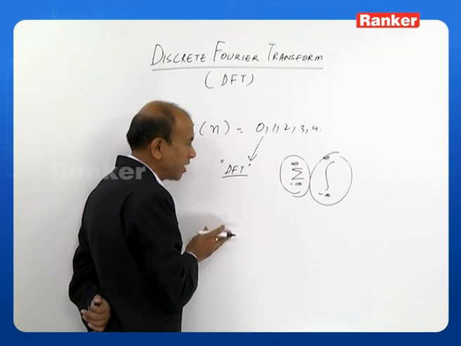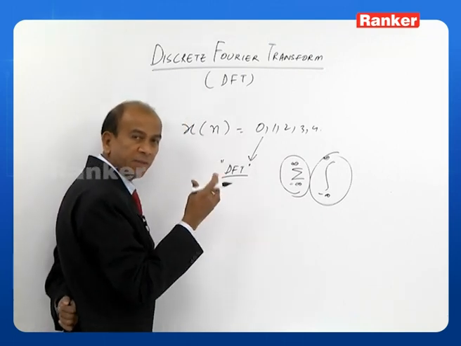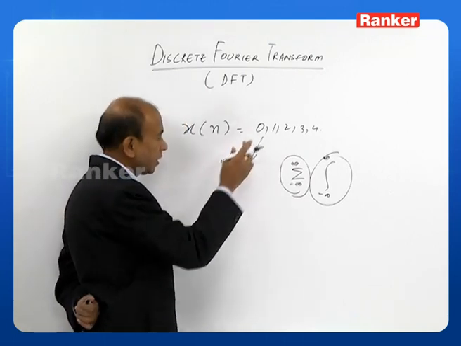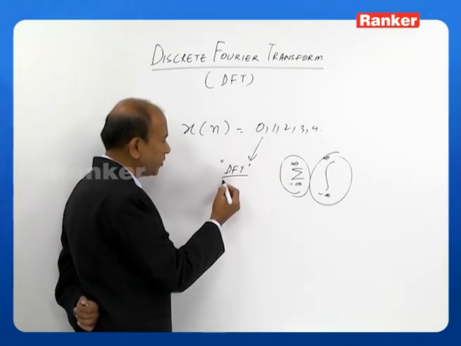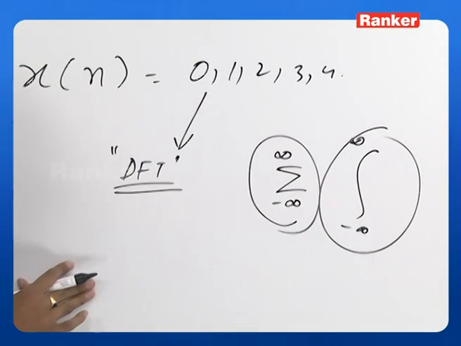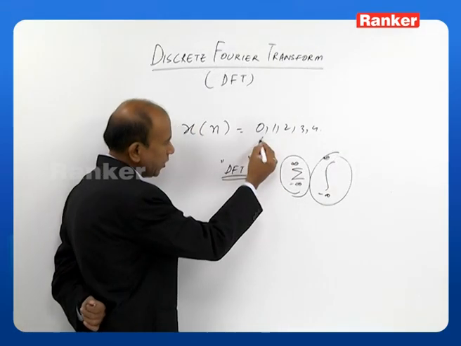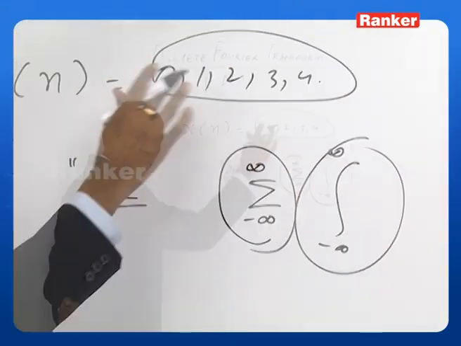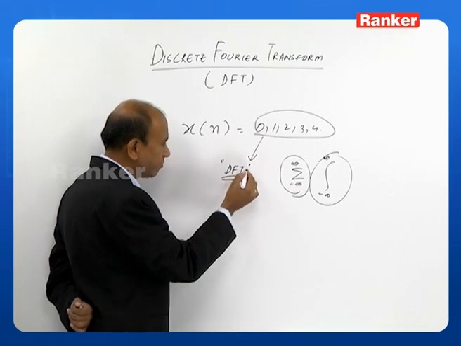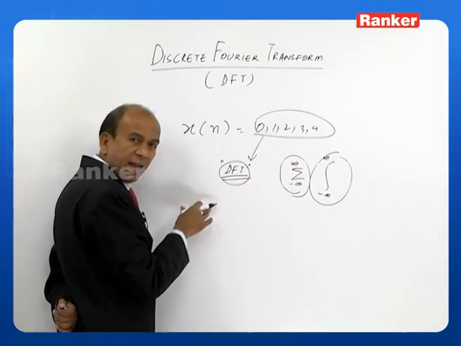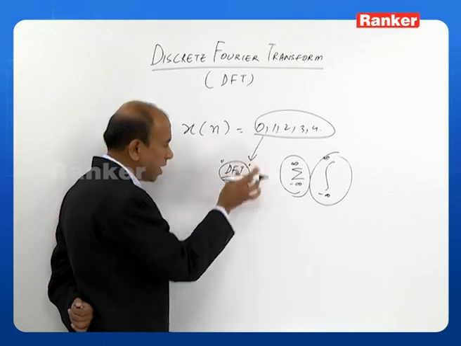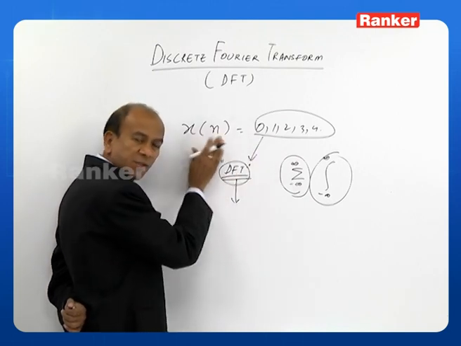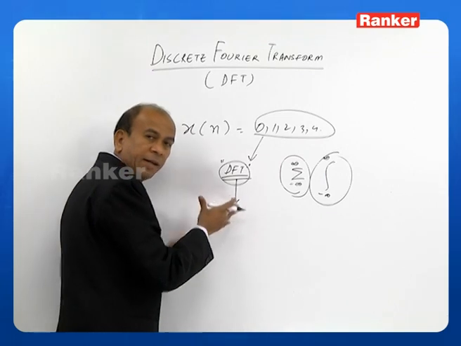Now when I look at something which is finite and not extending from minus to plus infinity, then you have to use a discrete Fourier transform. So when you look at such sequences given to you, always ensure that we go for a DFT. Later we will see how DFT can further be optimized, but now whenever you have such sequences, you go for a DFT.